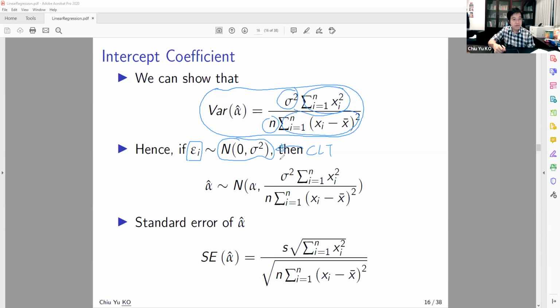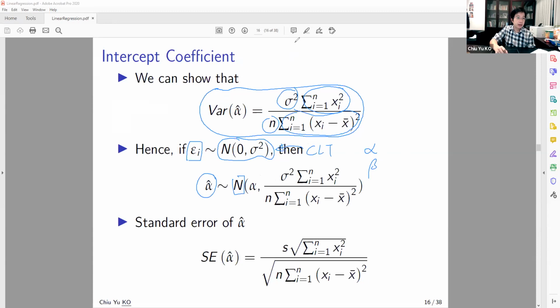And so because alpha and beta are linear in y, which means they're linear in epsilon, that's why alpha will also be normal.